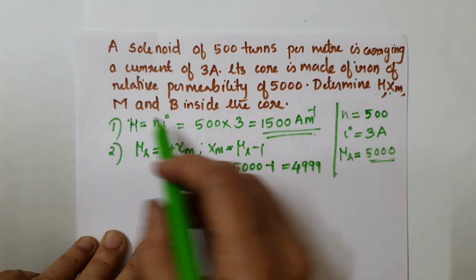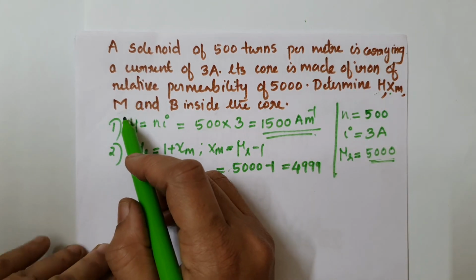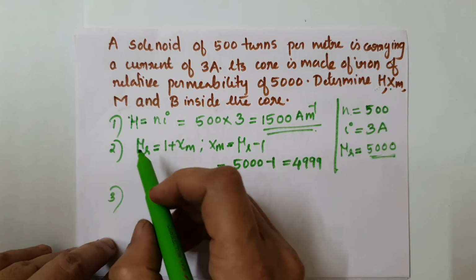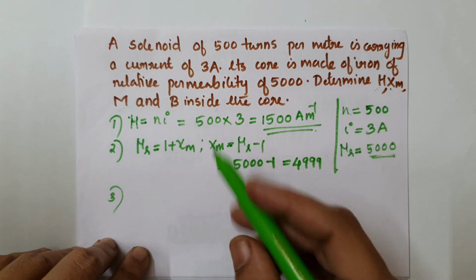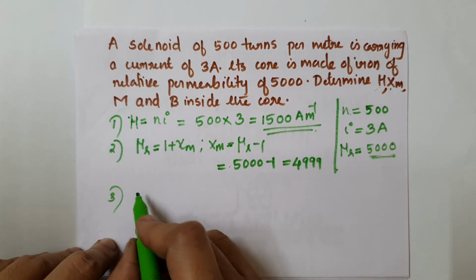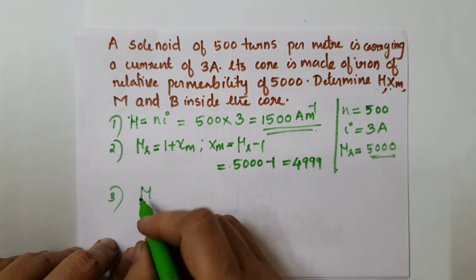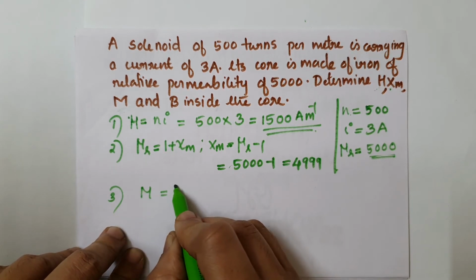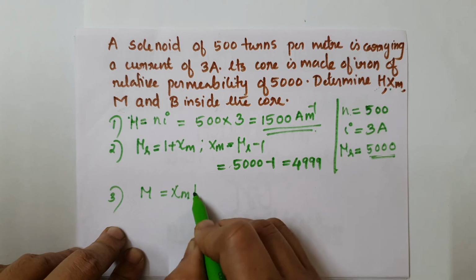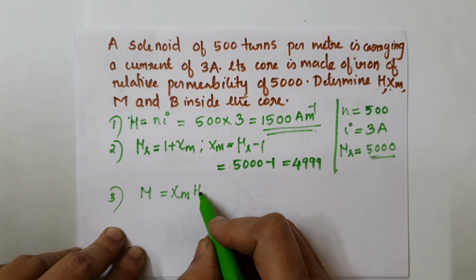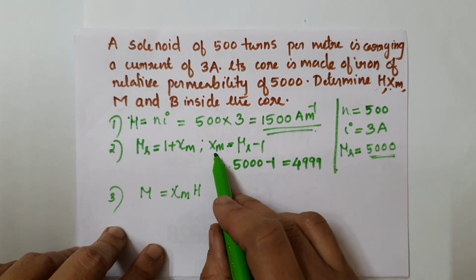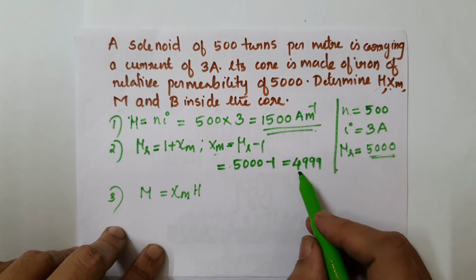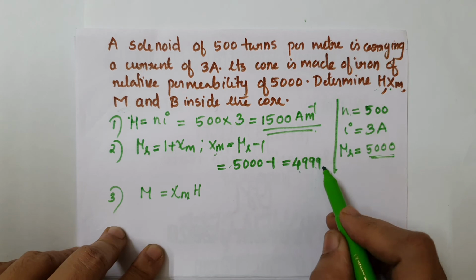Then the third one is the magnetization vector M. The magnetization vector M and H are related by the equation M by H is equal to the magnetic susceptibility, or M is equal to chi m, the magnetic susceptibility, into H. Here the magnetic susceptibility we have found from the relative permeability as 4999.